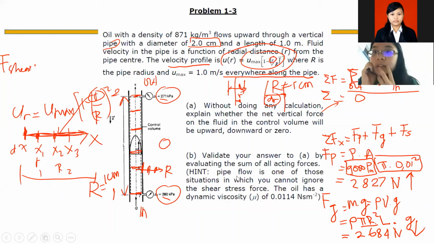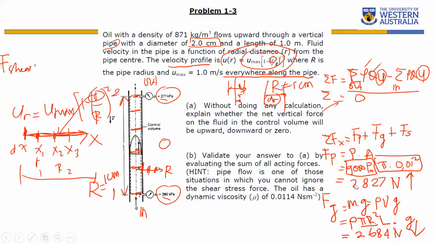Yep. And also about the pressure force. I don't know where I went wrong, but I end up getting 2.8274. Maybe, but you already get the same pressure, right? 9,000 Pascal.